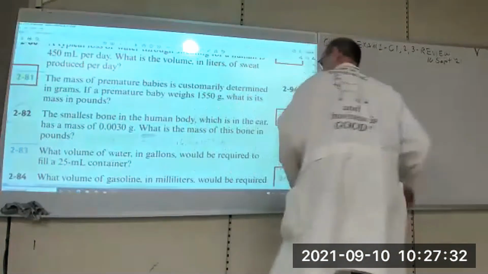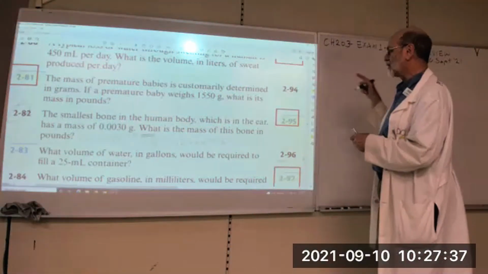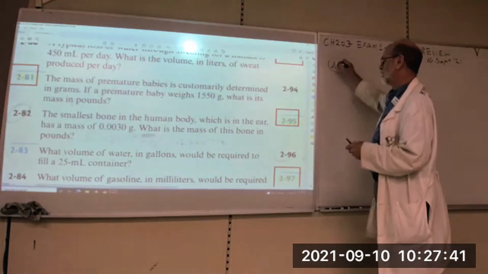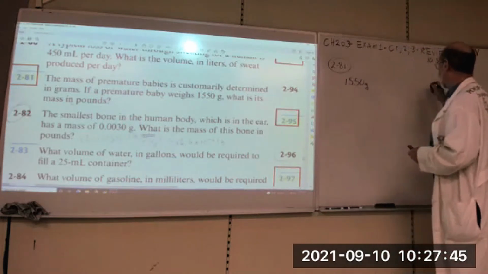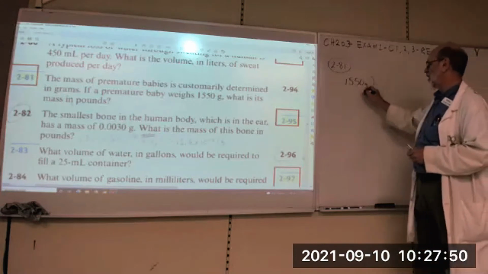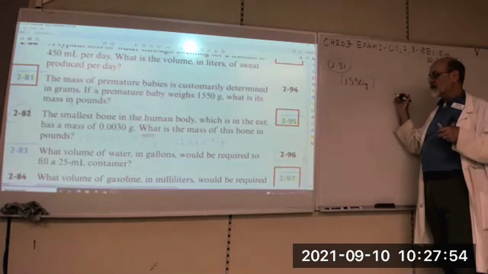So what is the conversion factor here? If you're going from grams to pounds, let's see, 1,550 grams, and you're headed for pounds. So do we know a conversion factor that will go from grams to pounds?